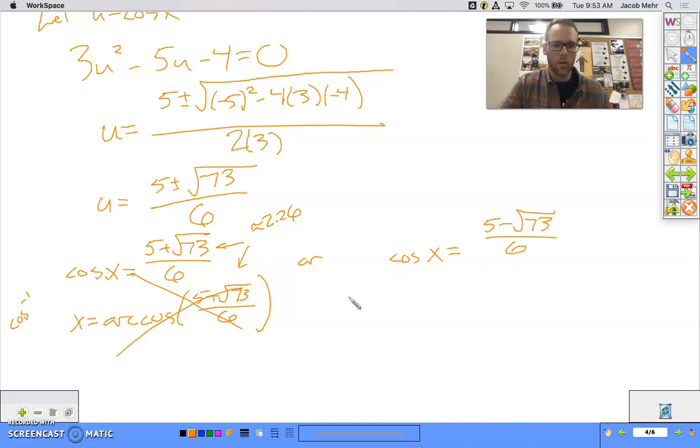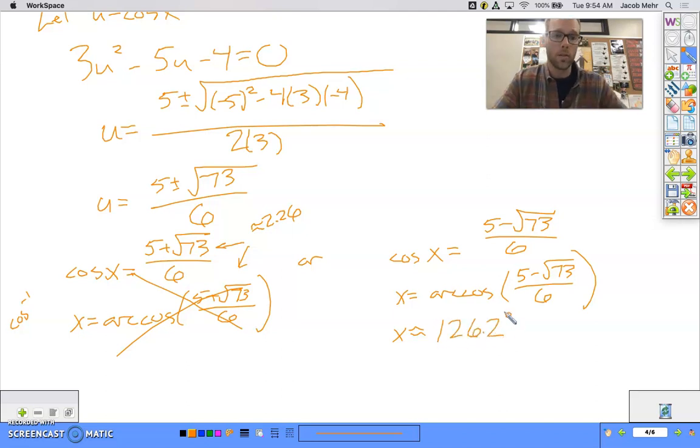So I am going to take the arc cosine of 5 minus root 73 over 6. And when I type this in my calculator, I get about 126.2. Now remember, I put that in degrees. So there we go. There's our solution.